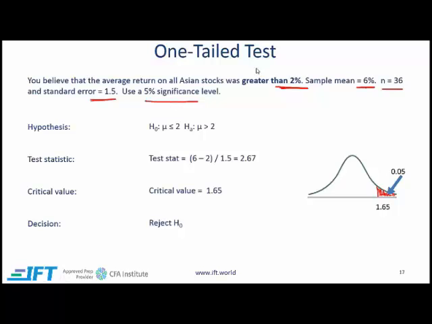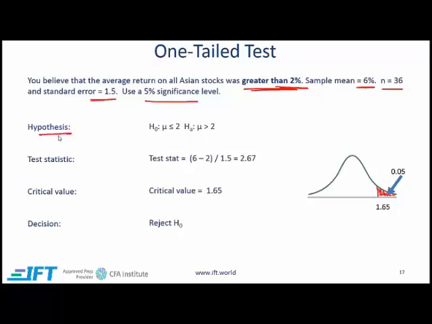Now, whenever you see either greater than or less than, if your belief is that the return is greater than something or less than something, then you are dealing with a one-tailed test. When your belief is that something is not equal to, then you are dealing with a two-tailed test.